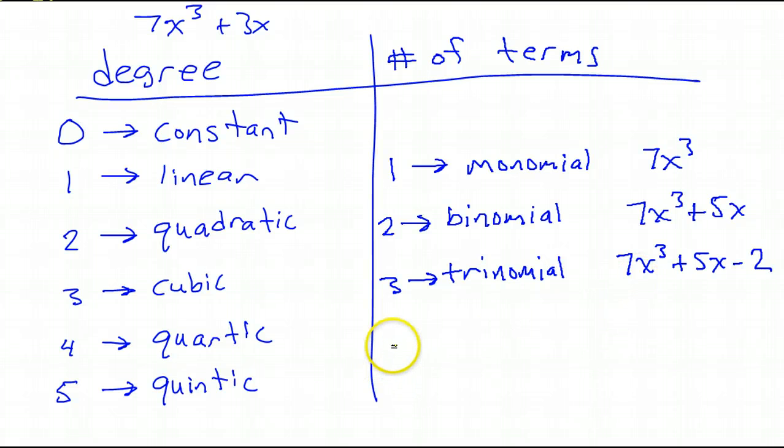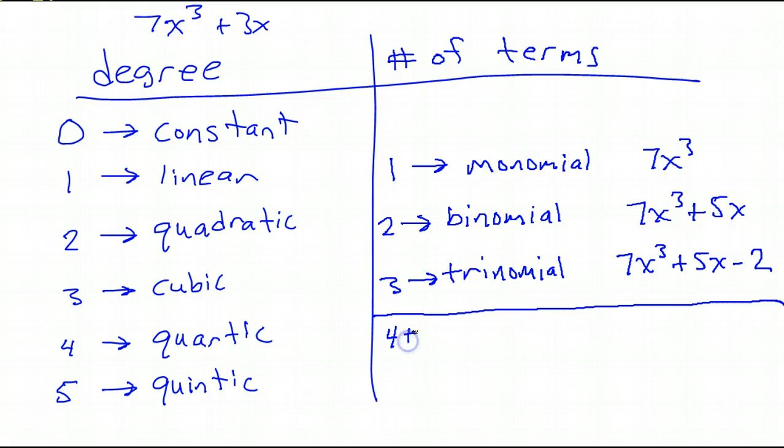Okay, now anything 4 terms or over, we don't have a special name for the number of terms. All of these are polynomials. A monomial is a special kind of polynomial. A binomial is a polynomial. A trinomial, these are all special polynomials. But when we get beyond 3, polynomial just has to be good enough.